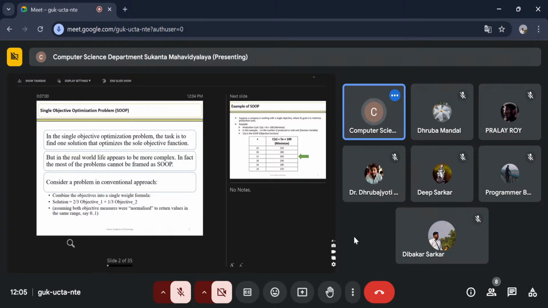Someone else may be thinking otherwise, because to him or her, this higher priority to objective 1 over objective 2 may not be a suitable one. So he or she may be inclined to attach higher weightage to objective 2 instead of objective 1. So the scenario may change in that case.